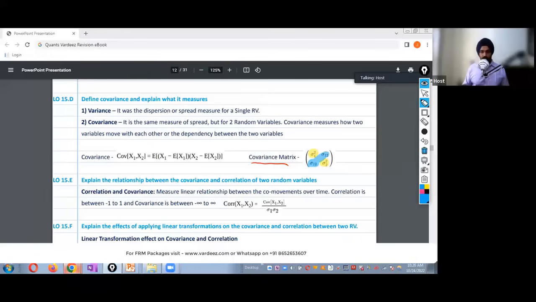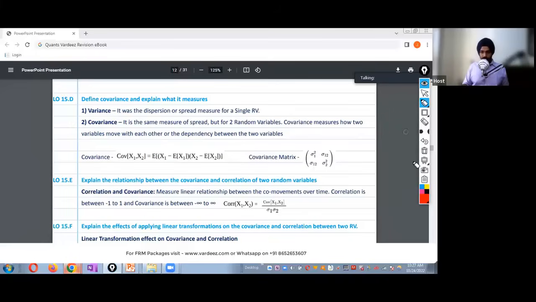That's how you will see the covariance on the exam. If the covariance is not given in a question, look for a covariance matrix. If that is also not given, you will have to use this formula to calculate it, and it's simple: x1 minus mu1 multiplied by x2 minus mu2. That's the covariance formula.